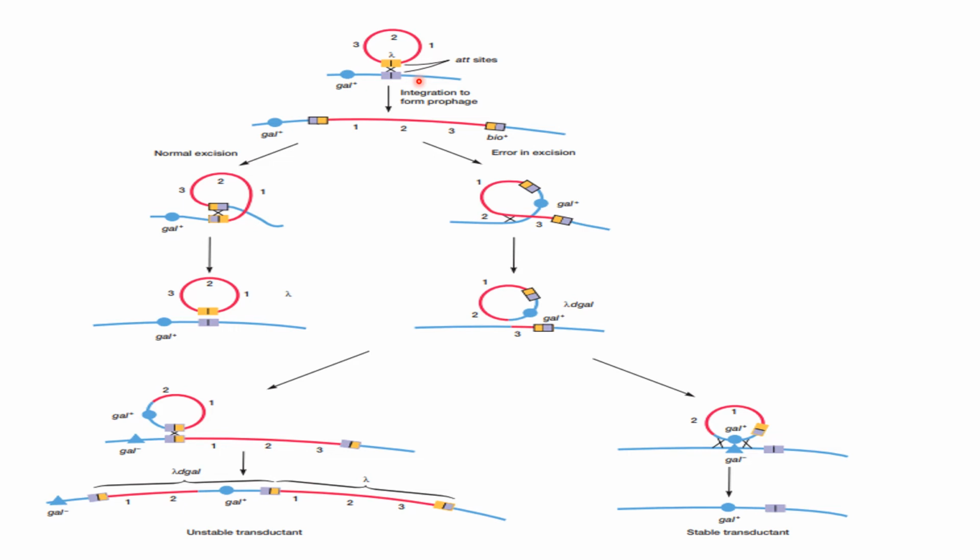Okay, this especially is seen in lambda phage and on the E. coli genome. Okay, so with the help of this att site, the viral gene will integrate itself with the bacterial chromosome.